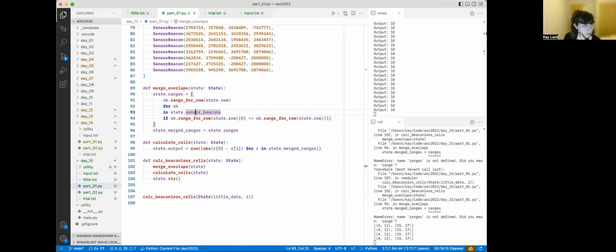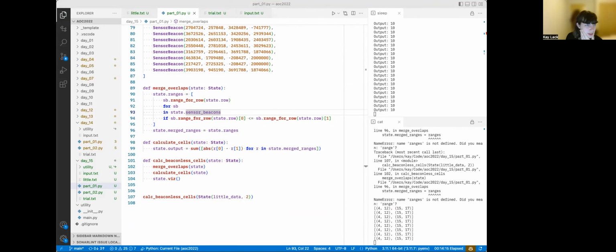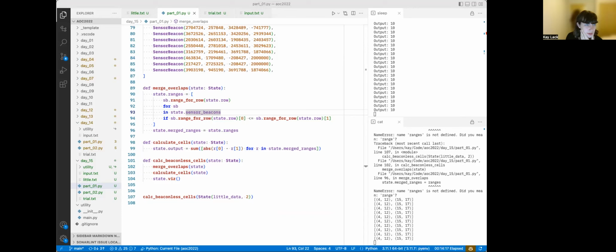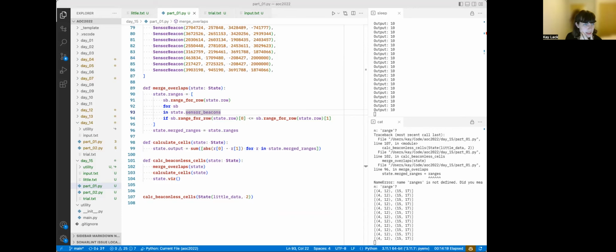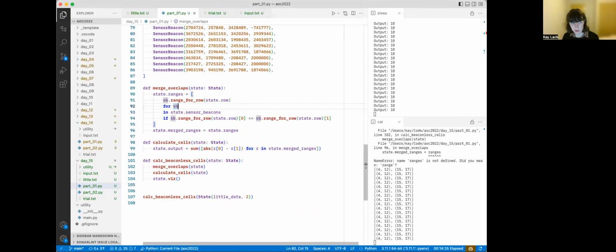Okay, so we've got 4 and 12 here, and then we've got 15 and 17. Now that's right, it's just getting the wrong output. So 12 minus 4 is 8. And actually we've got 1, 2, 3, 4, 5, 6, 7, 8, 9.